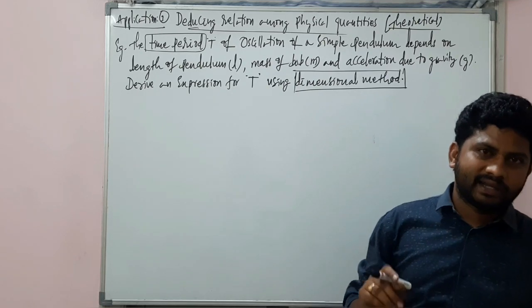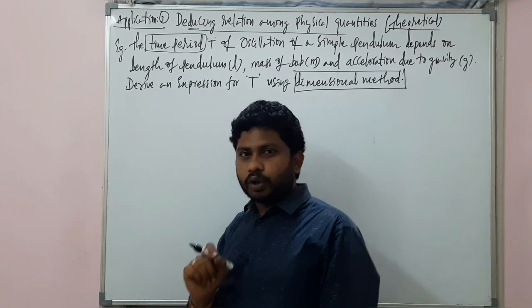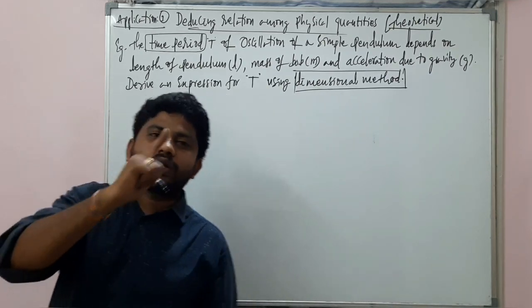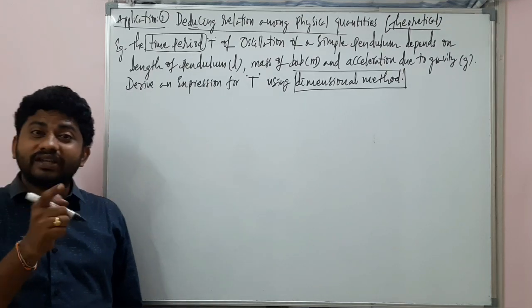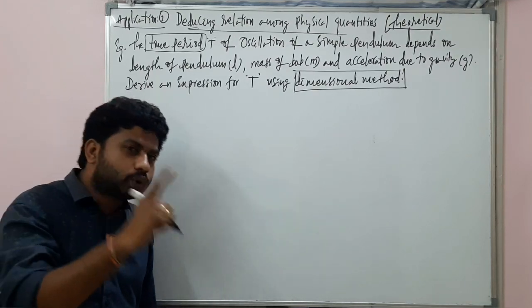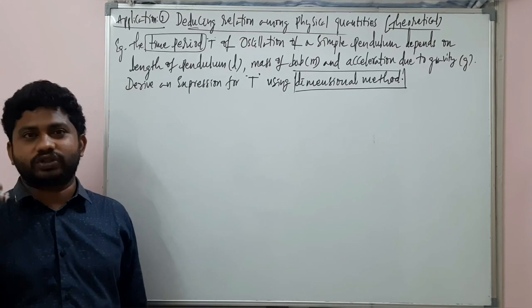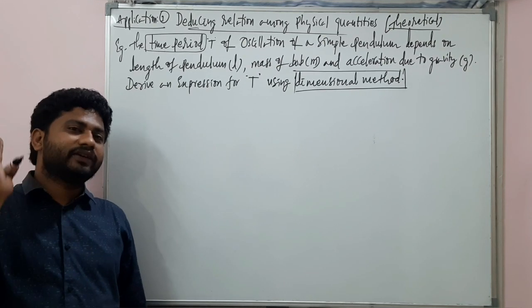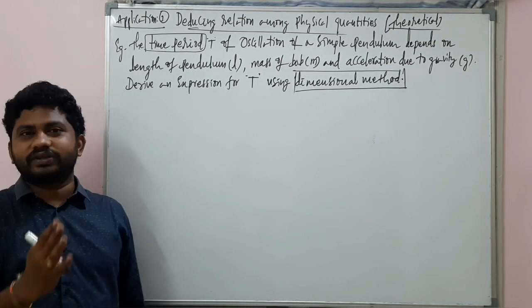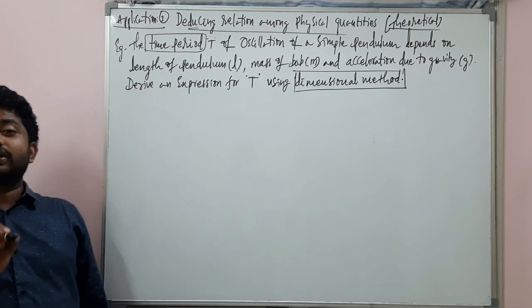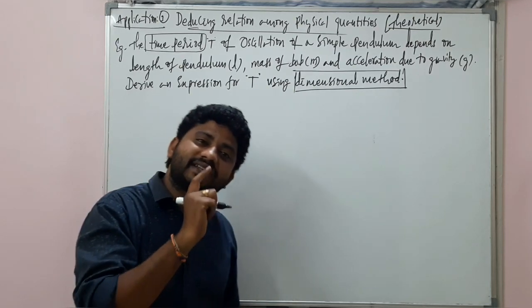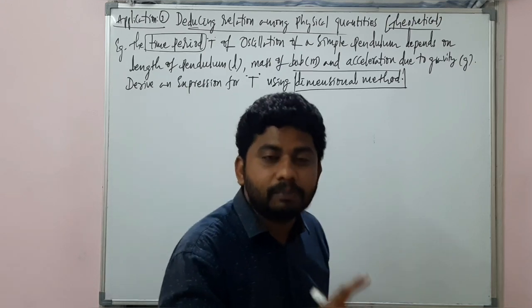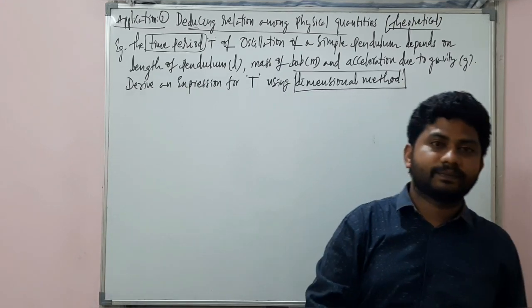That's it. Time taken by a body to complete one oscillation. One oscillation includes one to motion and one fro motion. I hope it's very clear for you. Let me tell you once again. Time period of a body is the time taken by the body to complete one oscillation.